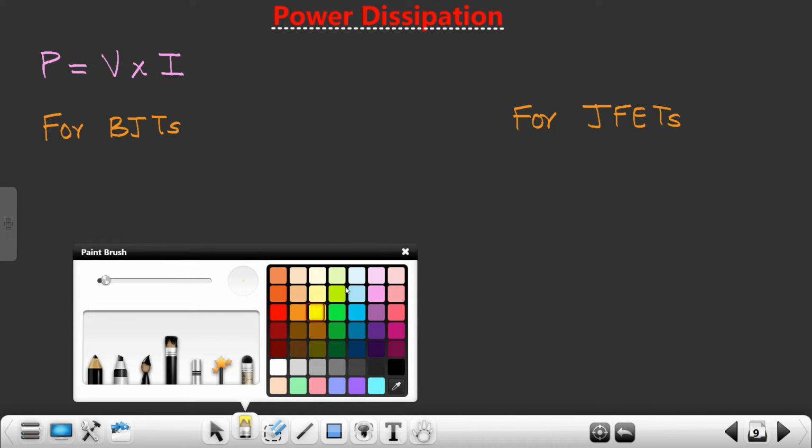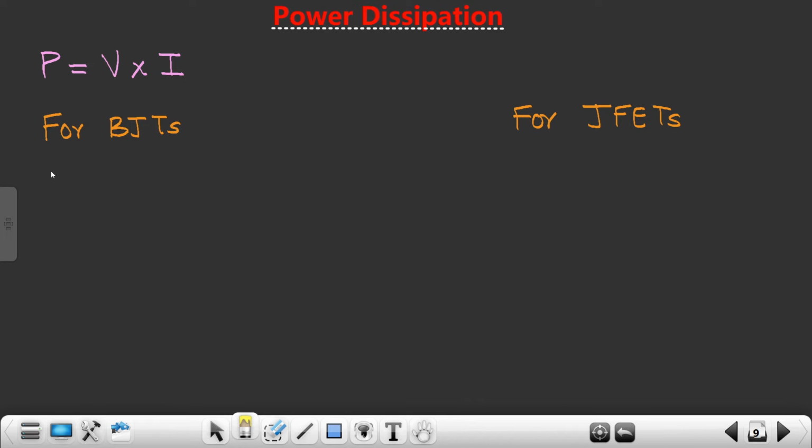When it comes to power dissipated by the BJTs, the input power, Pi, I'm talking about the input terminals for the BJT. Pi for BJT is equivalent to VBE or Vin into IB.